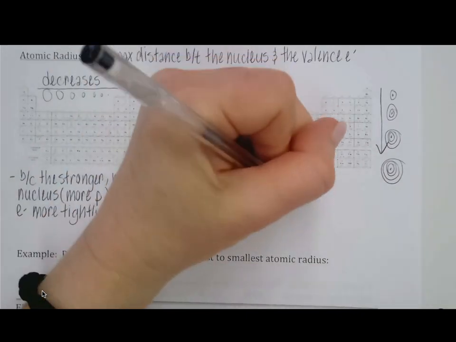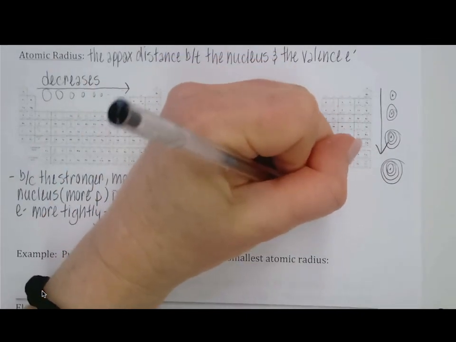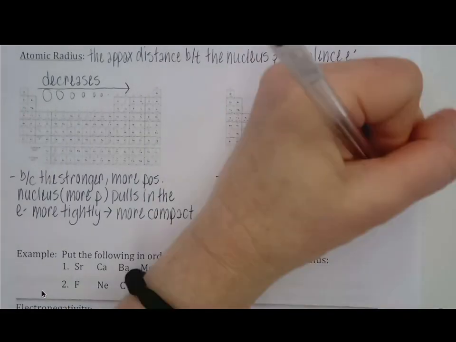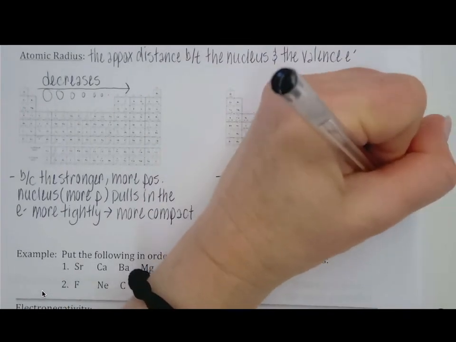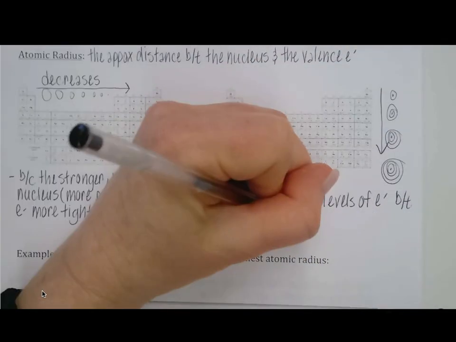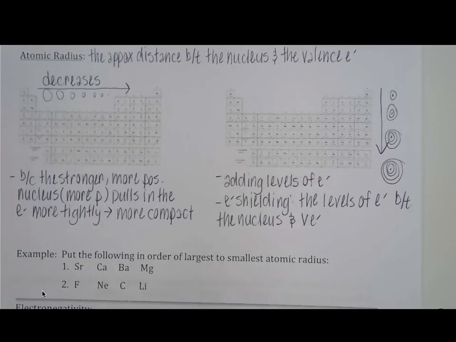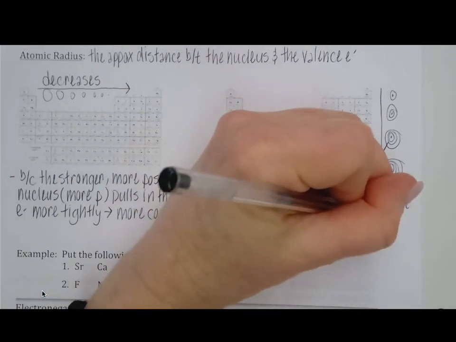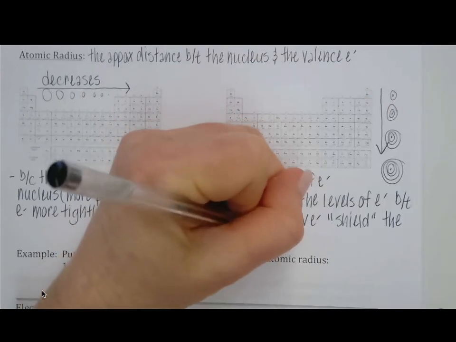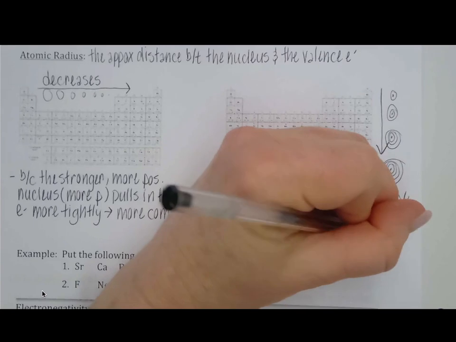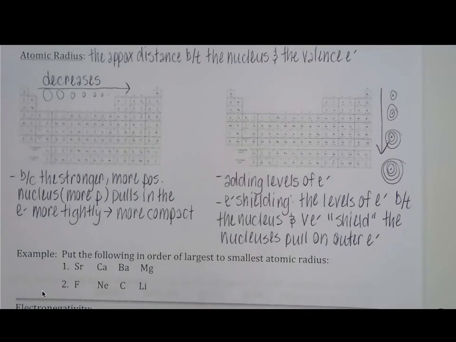And that means that the levels of electrons between, y'all see my abbreviation there, between the nucleus and valence electrons, I'm going to abbreviate valence electrons, shield the nucleus's pull on the outer electrons. Basically, all those levels are just getting in the way.